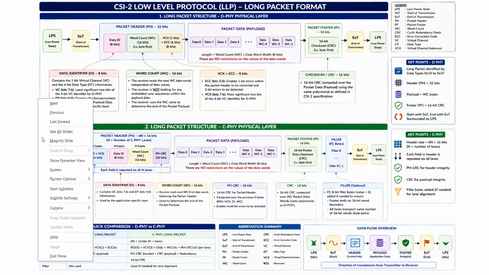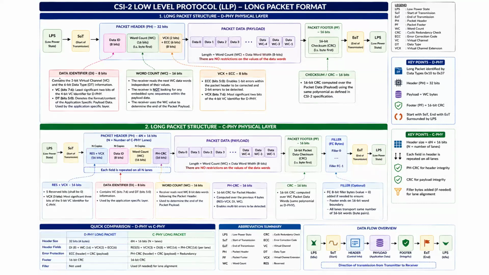We are sending large images, HD images, or video data, using either the D5 or C5 layer. So these layers are used to transmit the data from the camera to the processor. That is the long packet format.